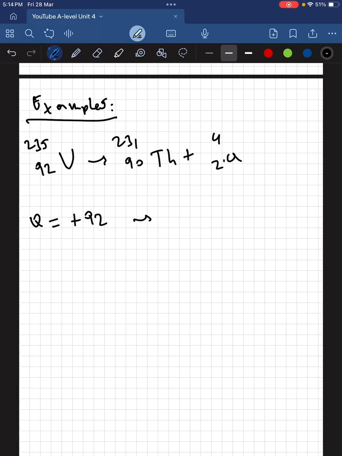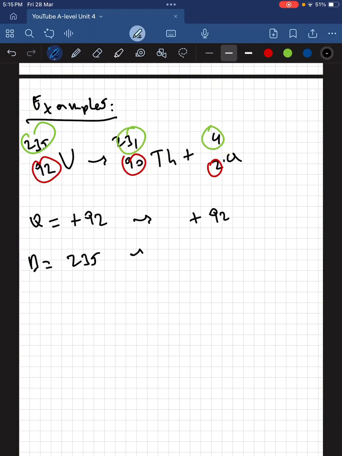The charge before is plus 92, the charge after is also plus 92. Now the baryon number is 235, because we have 235 protons and neutrons. This decays into 231 and 4, so the baryon number after is 235 as well.